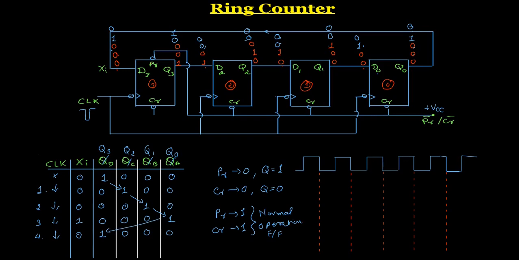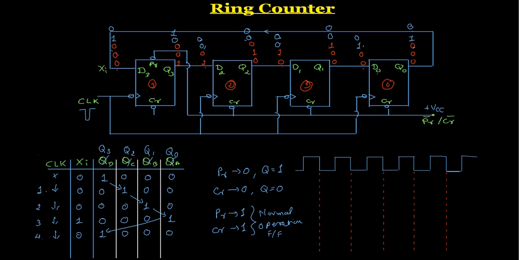What was the original content of the shift register? 1000. Now after the fourth clock pulse it became 1000 again. So here we require 4 clock pulses to move this 1.